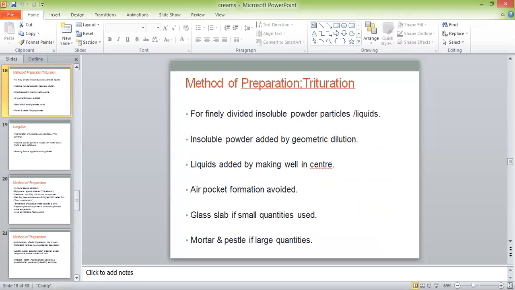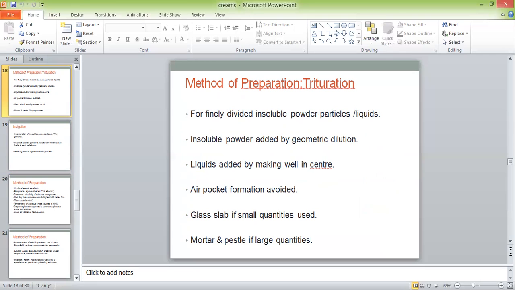Now, methods of preparation of creams include the trituration method and other methods. For the trituration method, the powders are first finely divided, and then the insoluble powders are added by the geometric dilution method.